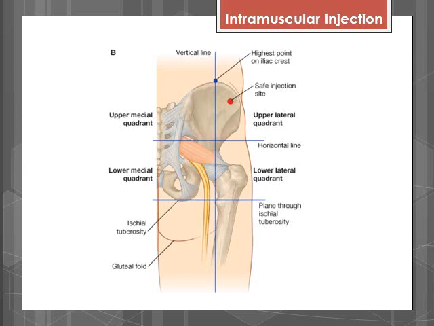Now we draw a vertical line that passes from the highest point of the iliac crest downwards, and another line that passes horizontally through the first line, midway between the highest point of the iliac crest and a plane that passes through the ischial tuberosity.